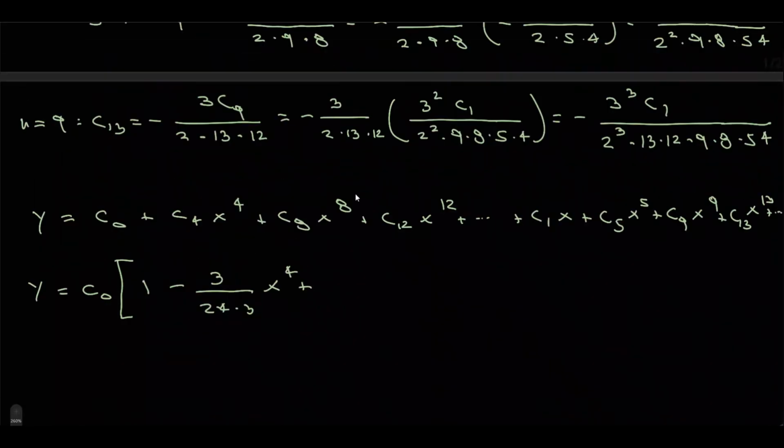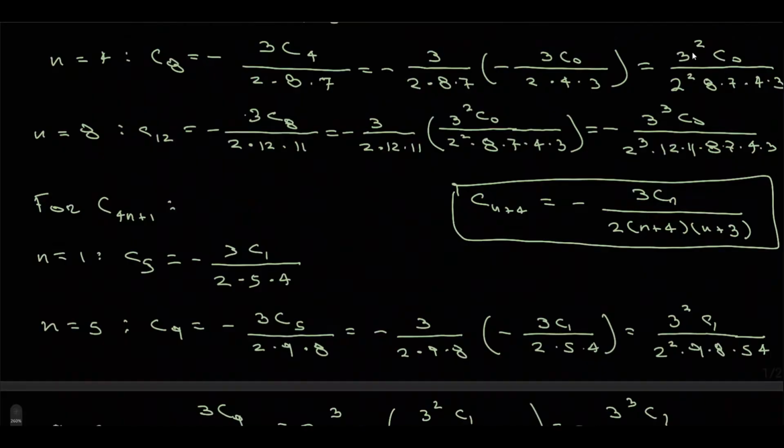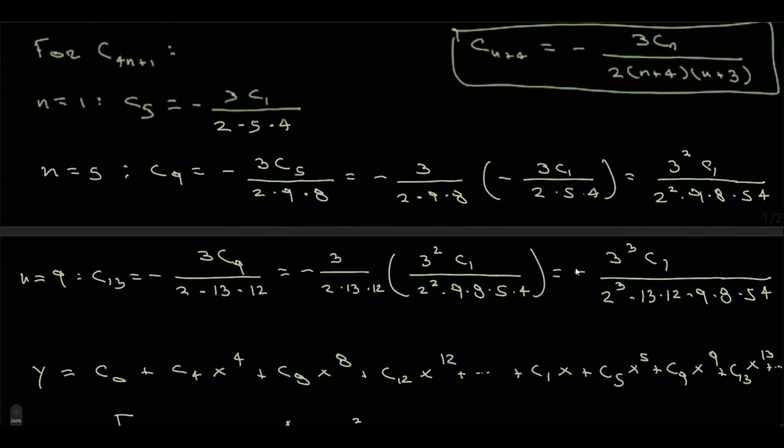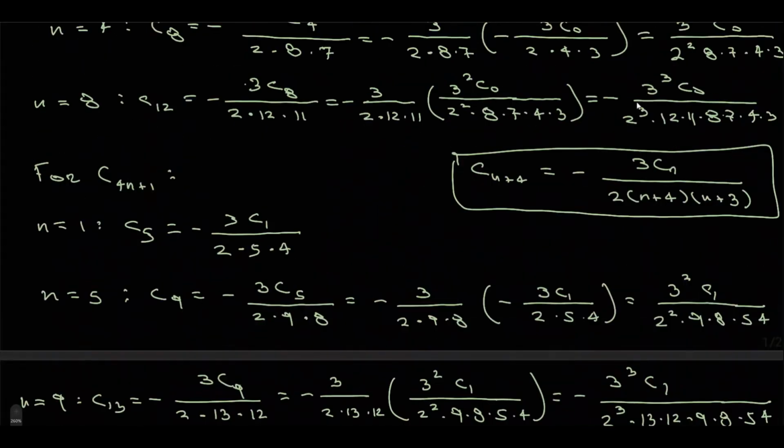What's c sub 8? C sub 8, from our calculations, is 3 squared c sub 0 over all this multiplication. That is 3 squared c sub 0 over 2 squared times 8 times 7 times 4 times 3. And that's the coefficient of x to the 8th power, right? And then, actually, it's minus the coefficient of x to the 12th, which is this humongous number over here.